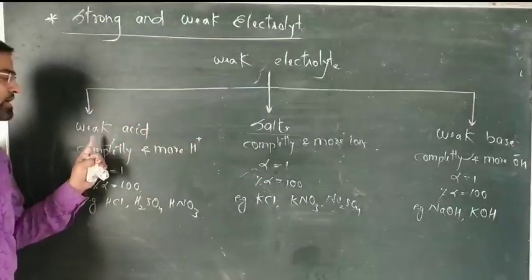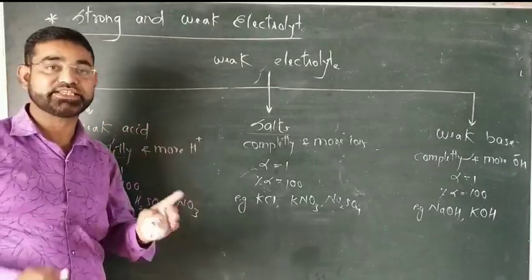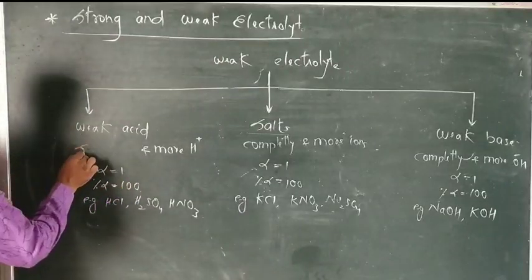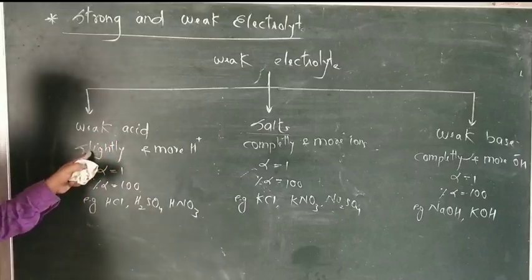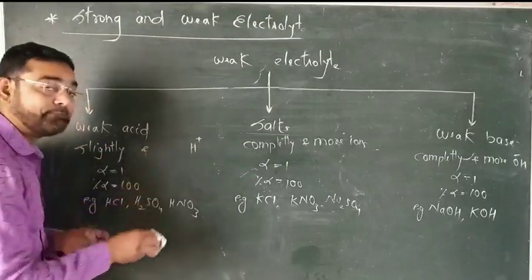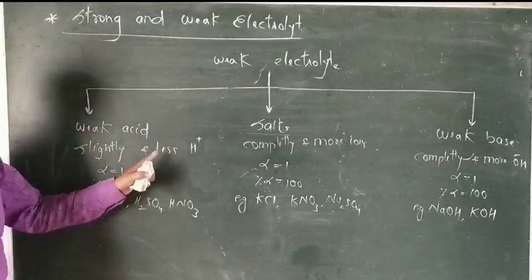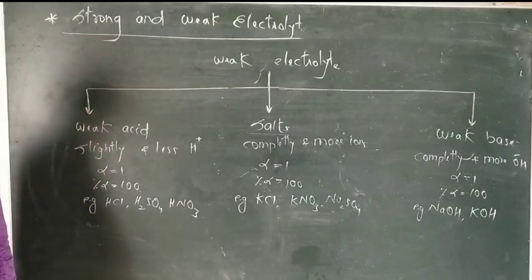This was right. What is weak acid? The acid which dissociates slightly and gives comparatively less number of H plus ion is known as weak acid.